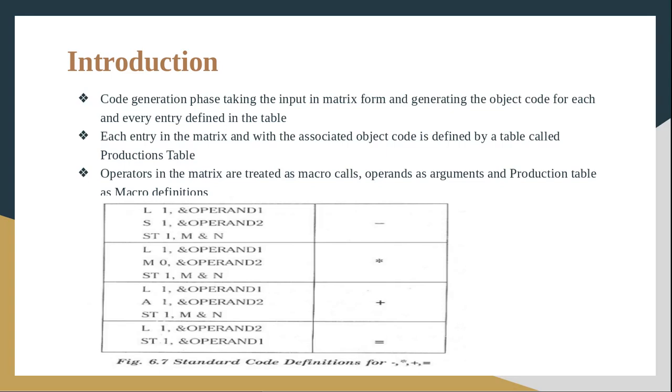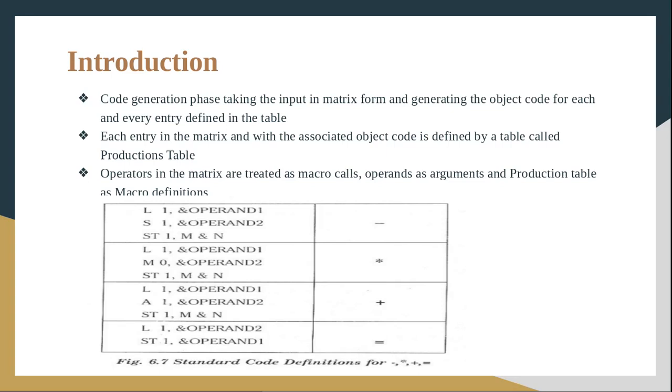So what is the input to the code generation phase? We know input to the code generation phase is the output of the code optimization phase, that is machine independent optimization. So we will be having intermediate form of our source program, that is the matrix form. It will be optimized in the code optimization phase.